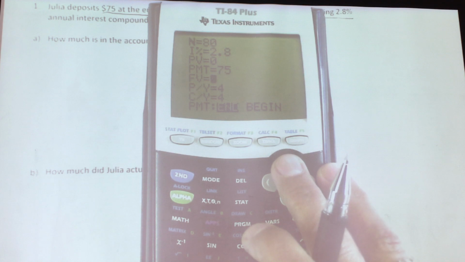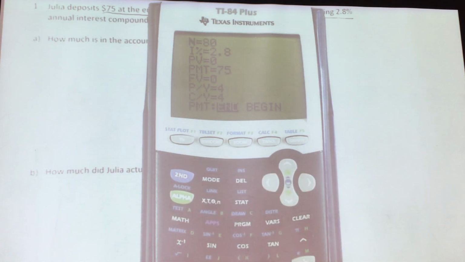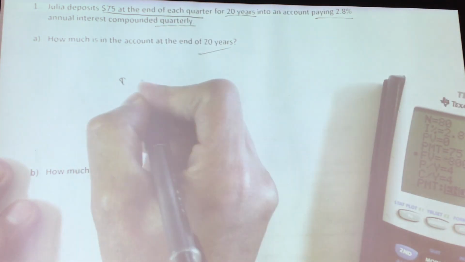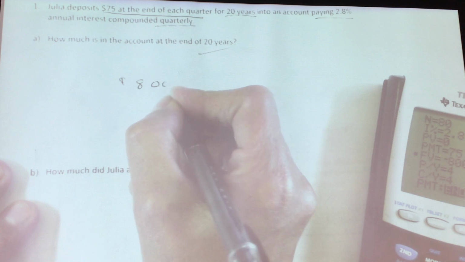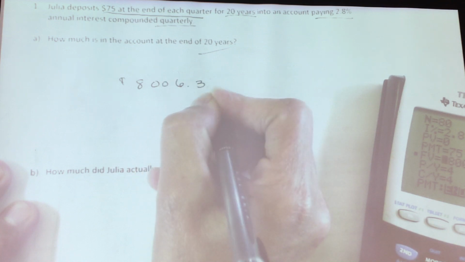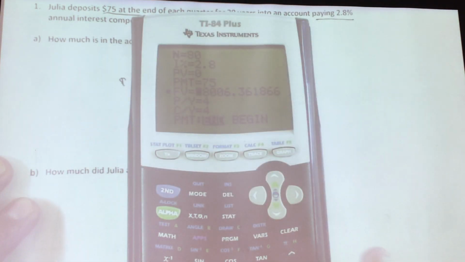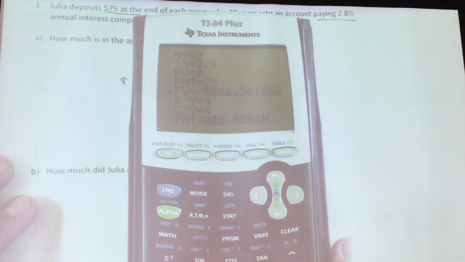So now you're going to go to future value and hit alpha enter, and that is your future value, $8,006.36. And again, that is all the information.